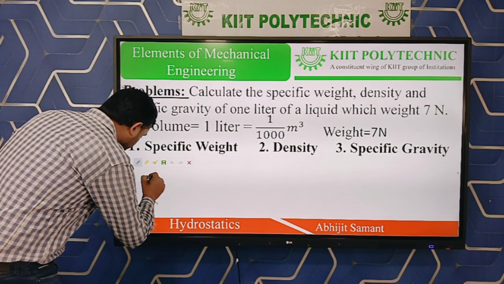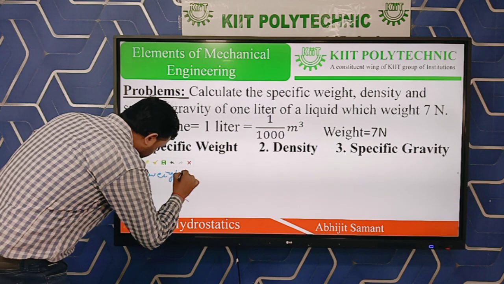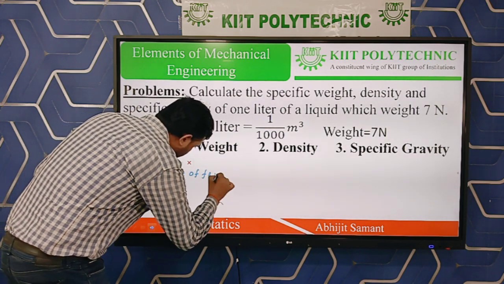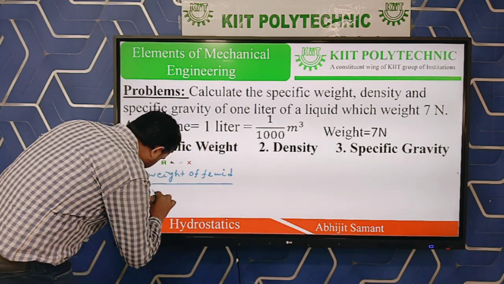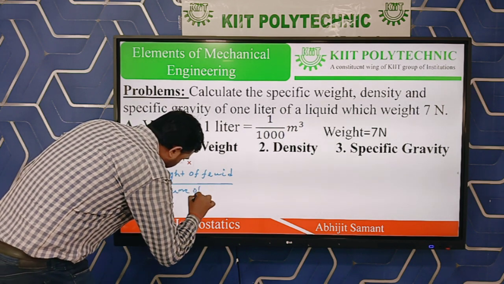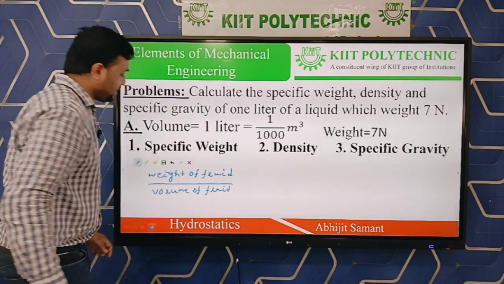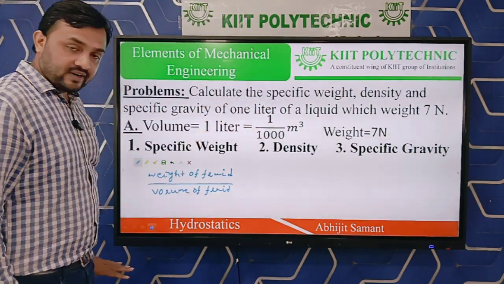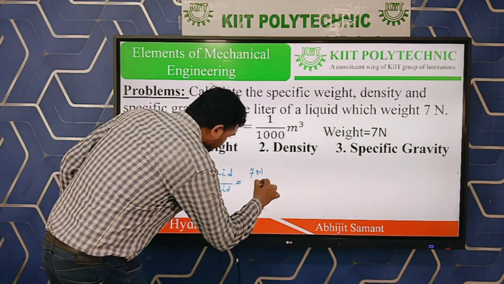Specific weight equals the weight of the fluid divided by the volume of the fluid. In the question, the weight of the fluid is 7 Newton.